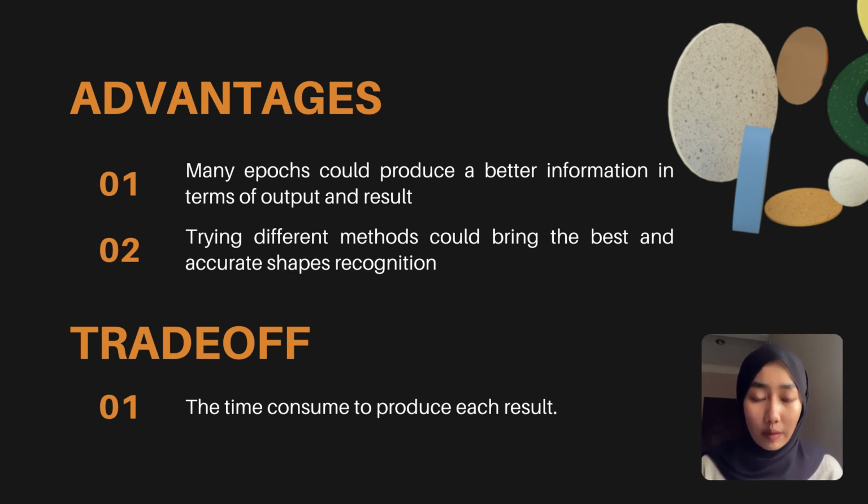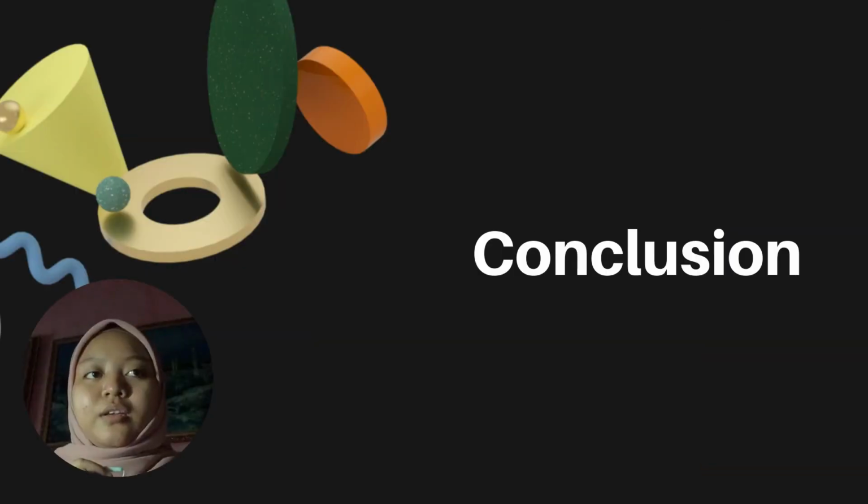Through this experiment, we also faced some difficulties, such as the time consumed to produce each result. To gain an accuracy of nearly 90%, we learned how the performance increased the accuracy with every epoch. Even so, we are very glad to have mastered this process to gain an accurate result for this project.